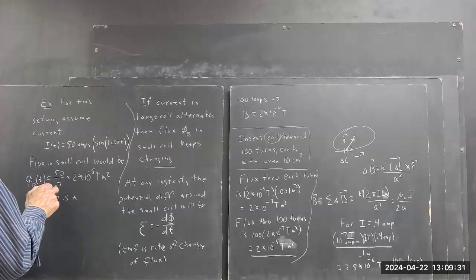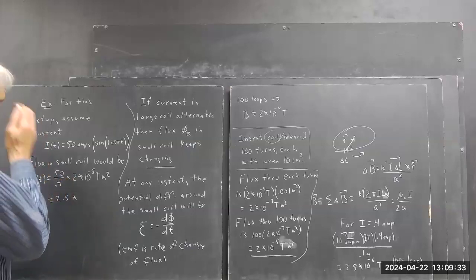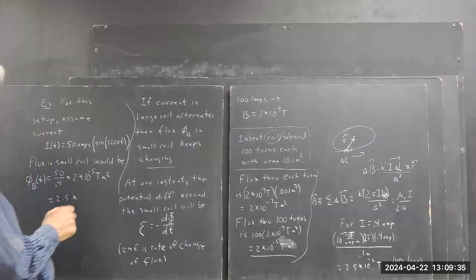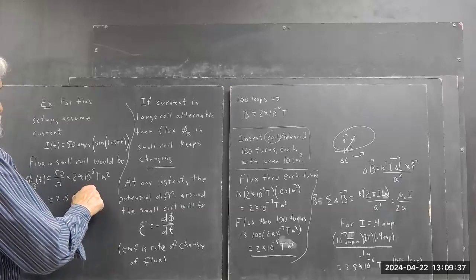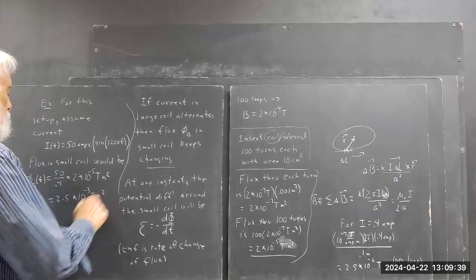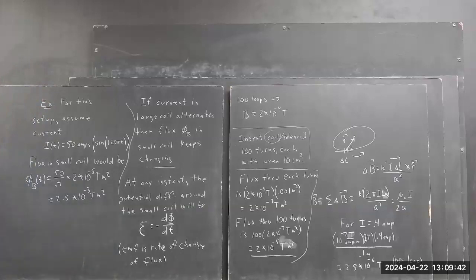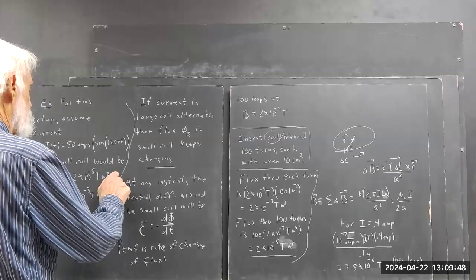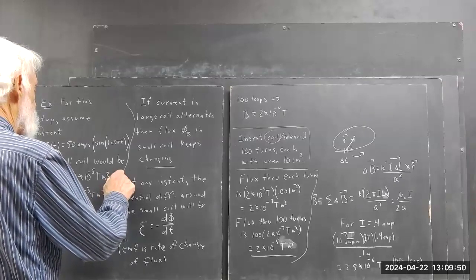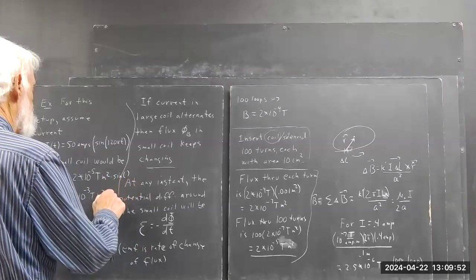Okay. Now 0.4 into 2 is 5. 5 times 50 is 250. Got 2.5 times 10 to the negative fifth Tesla meter squared. But of course, then you got times the sine.